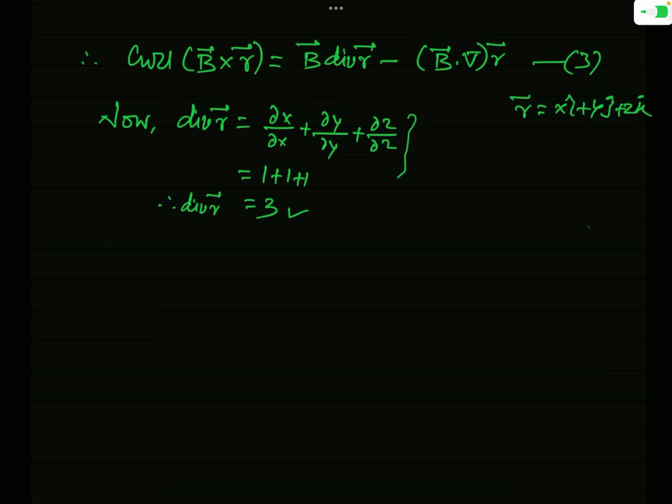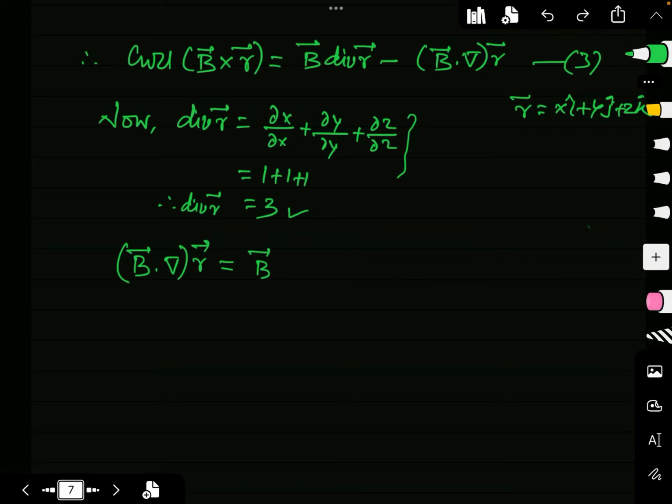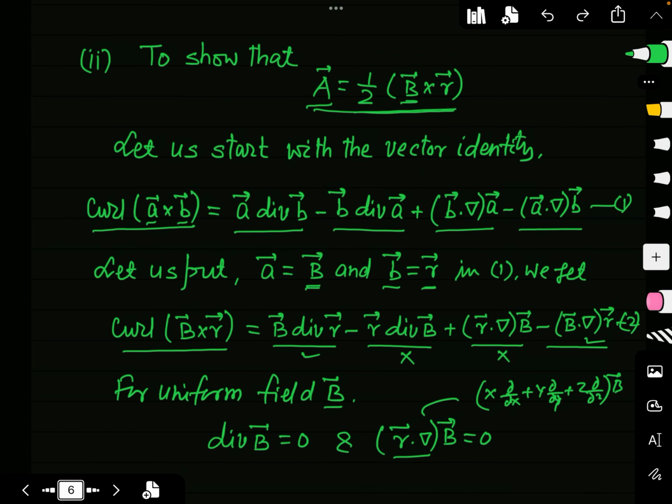Now, what will be the value of B dot del R? If you put some thought into it, you can say what this will be. In fact, this B dot del R will be simply equal to B. But how? I have just proved it for the electric field vector.